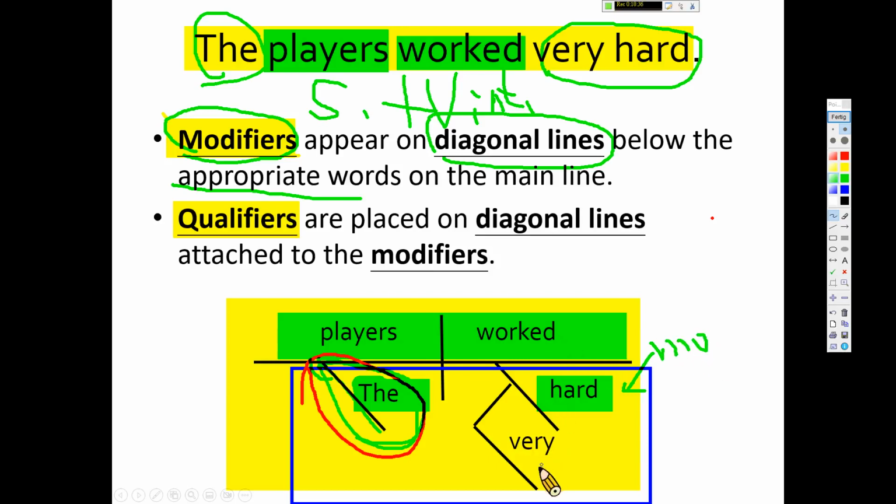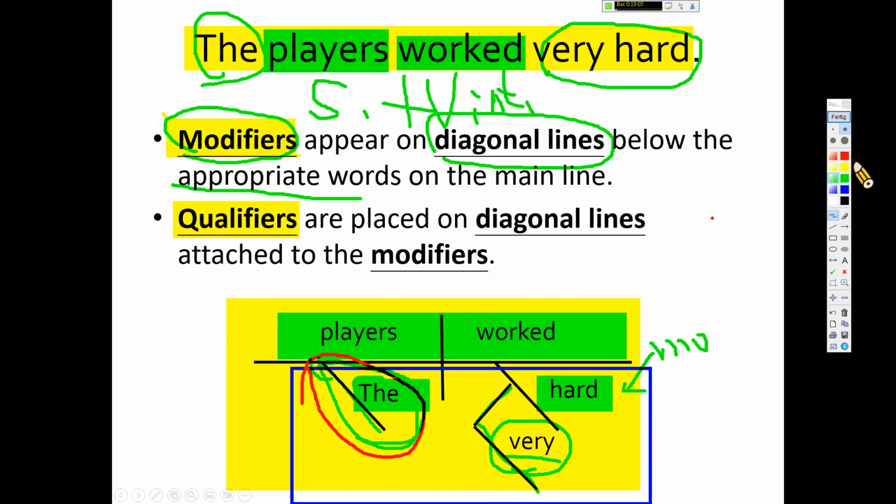Okay. And now you have seen this is very here. Very is a qualifier to identify the intensity of how hard. So now it's very hard, right? So actually, very is used to modify hard, and combined together is used to modify worked.